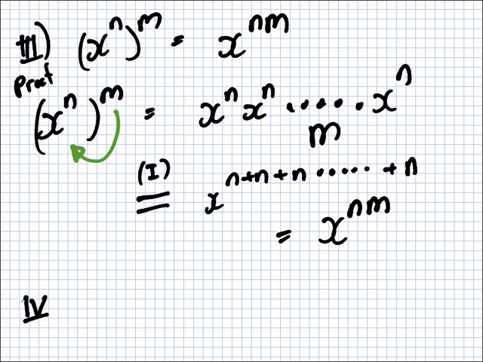So the fourth one we'll do, I think I'll do the negative one. x power minus n is equal to 1 over x power n.